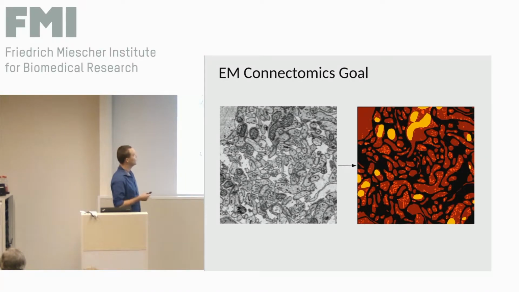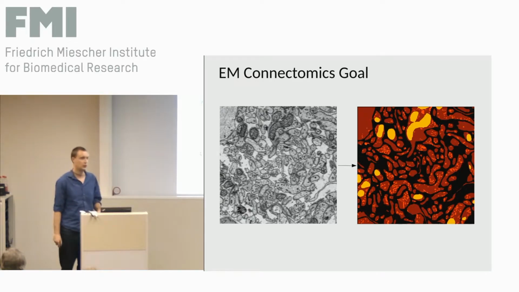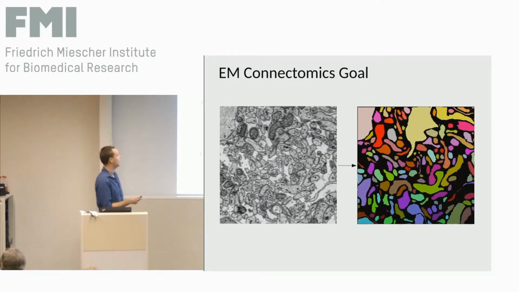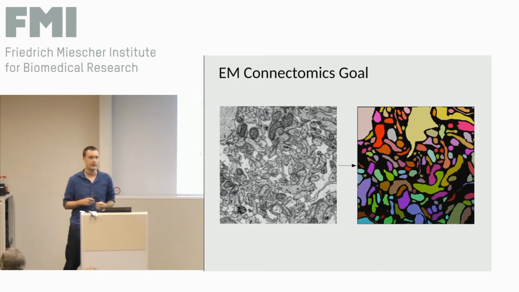So you see different colors represent different things in these objects, like mitochondria, the cell interiors, or this vesicular structure inside the cells. So this is the first thing we want to do with this data set that we acquire. And the second step is segmentation. So we want to really figure out the single cells, these neurons, and how they're connected in 3D.